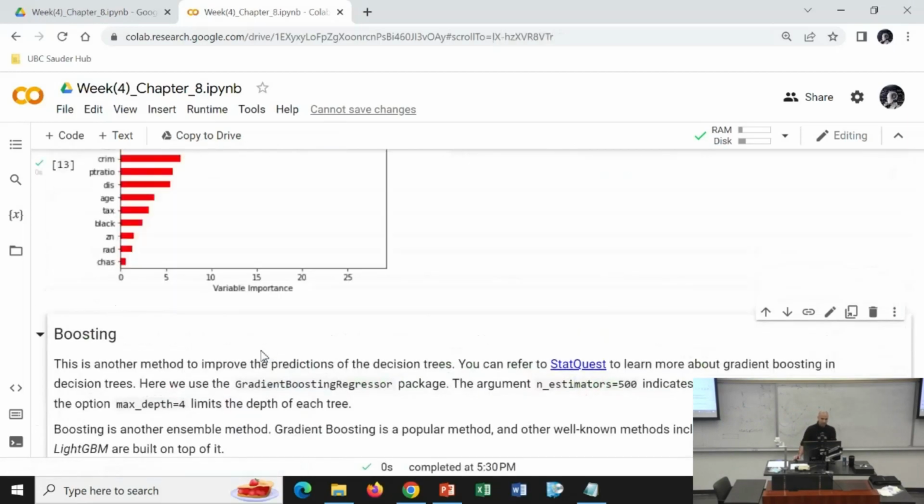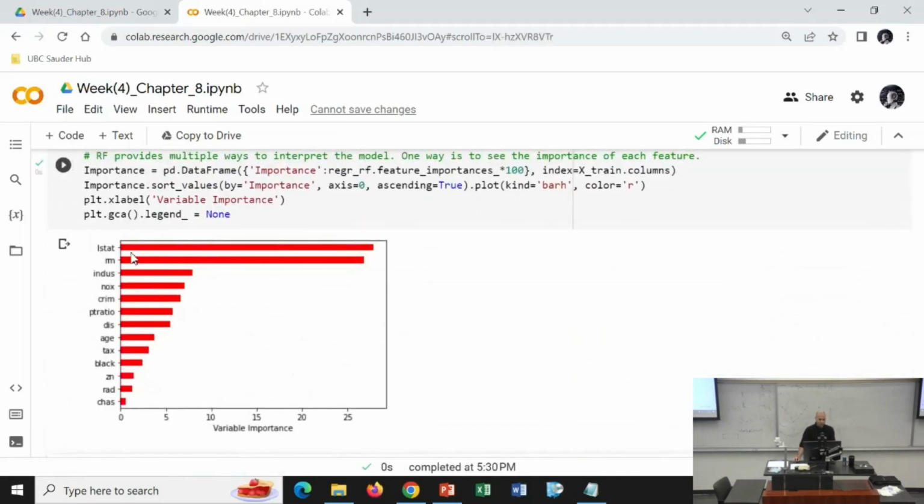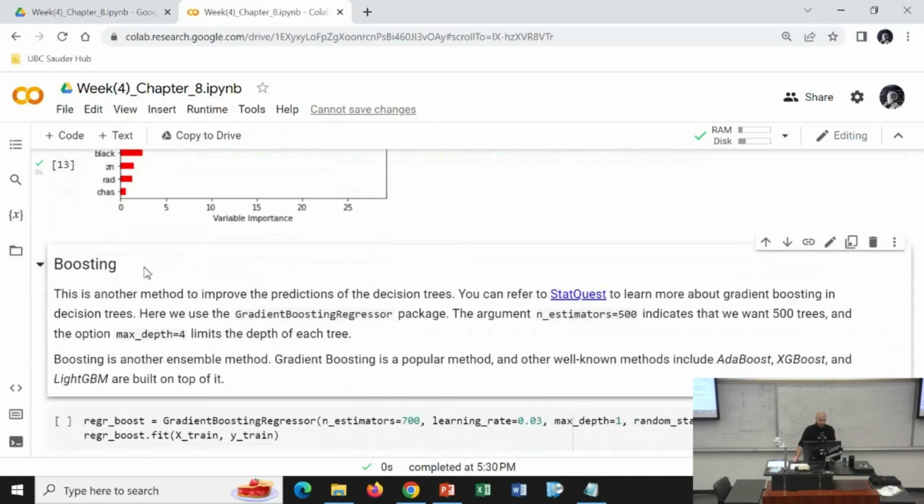That's just a byproduct of these models. You can see that for this model on the Boston data, LSTAT is the most important variable. The next important variable is RM. This is comparable to how in linear regression LSTAT may get a large coefficient, the effect sizes, right?